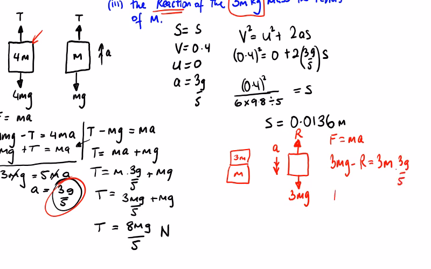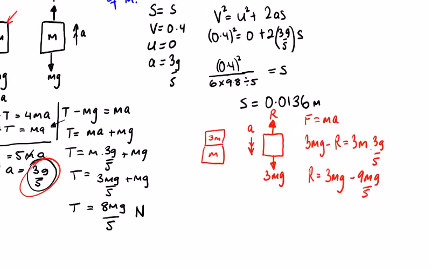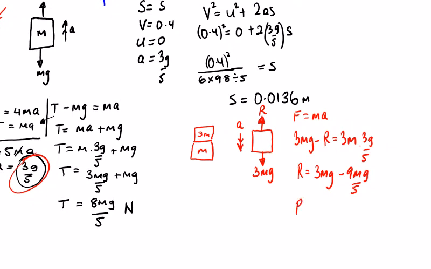So R, we bring it across to the right and make it positive, is equal to 3mg minus 9mg over 5. So in fifths we have 15mg minus 9mg over 5. So 15 minus 9, that would give a reactionary force of 6mg over 5. And again, that's in newtons.